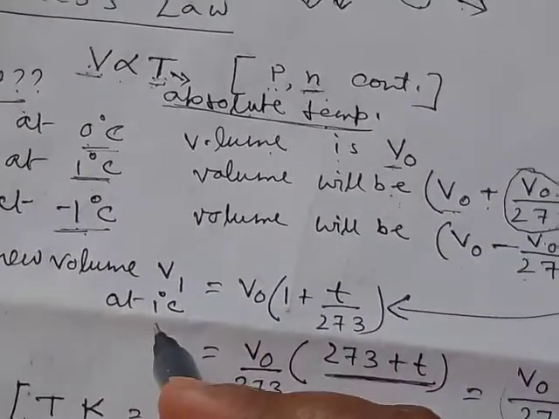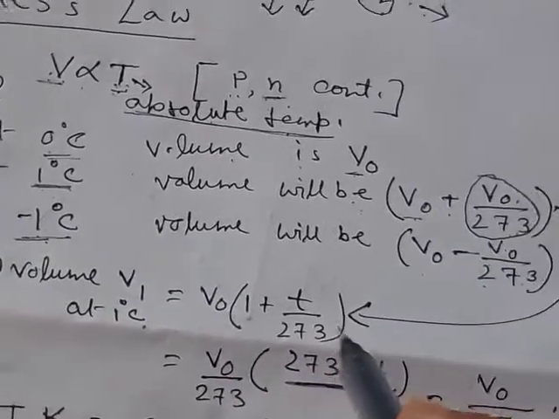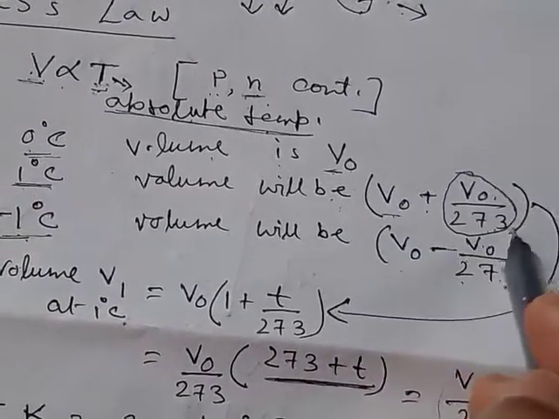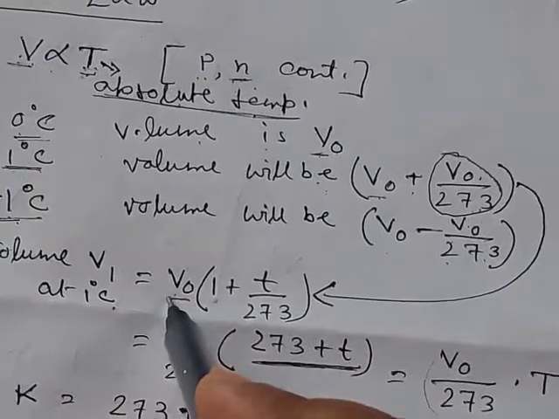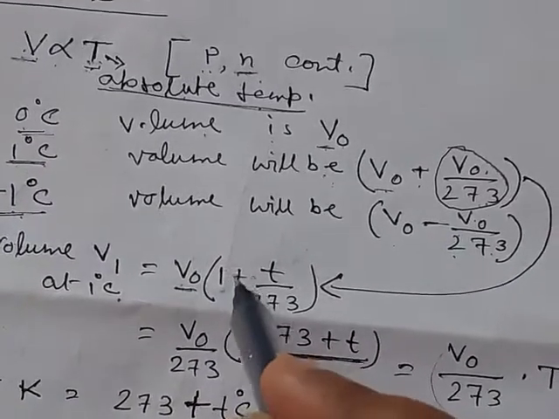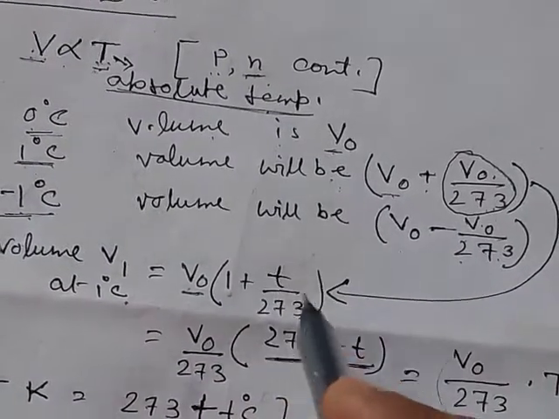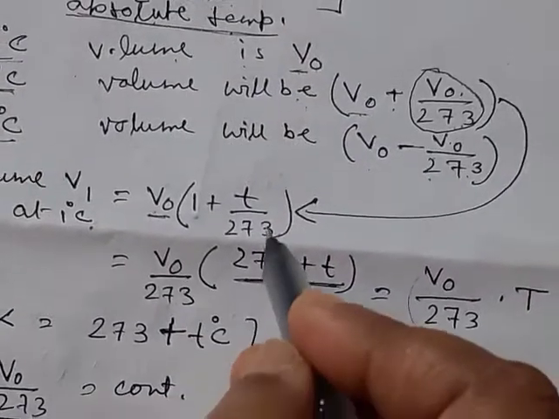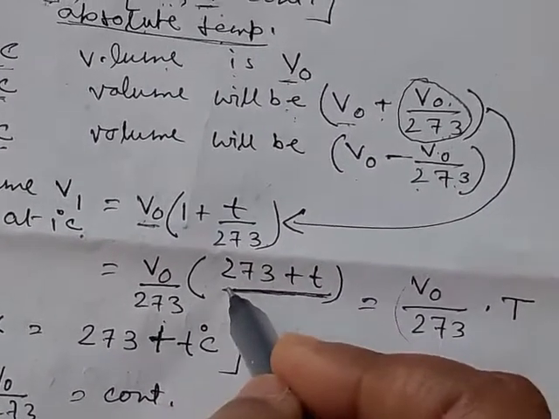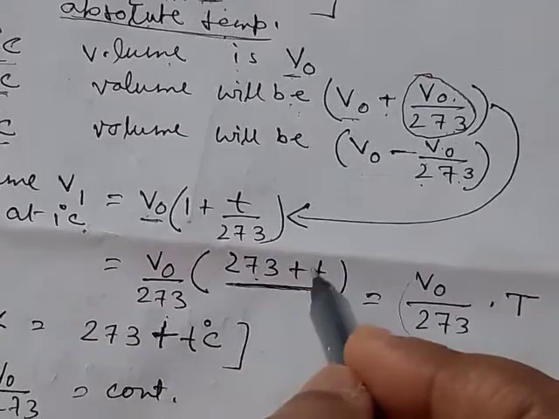So, the new volume at 1 degree is V0 plus V0 by 273. Now, we take V0 common. So, V0 into 1 plus t by 273, that is V0 by 273 into 273 plus t.